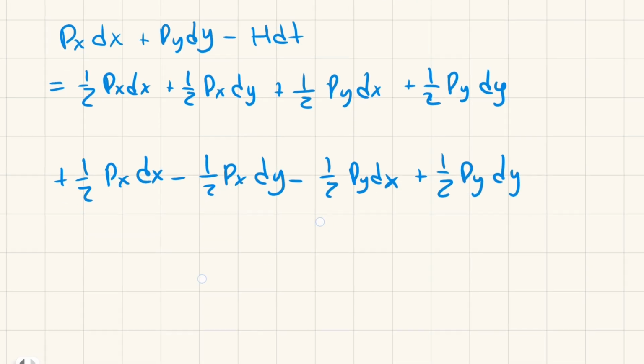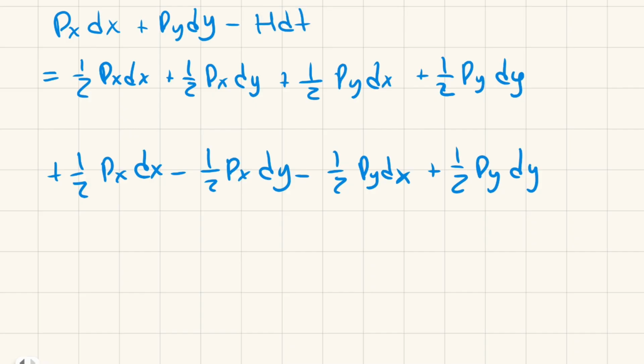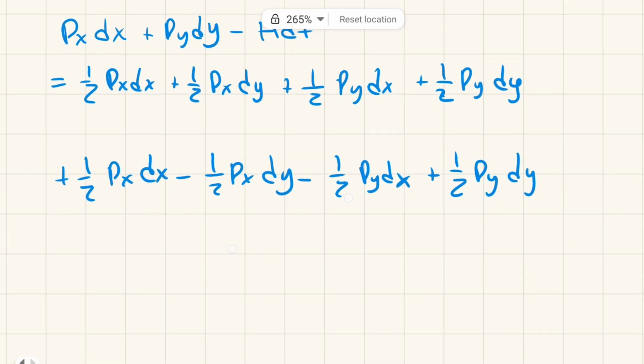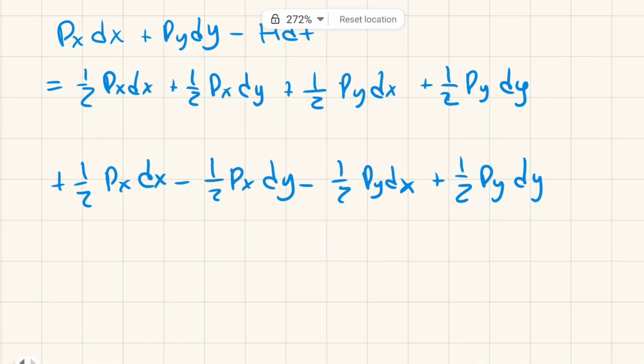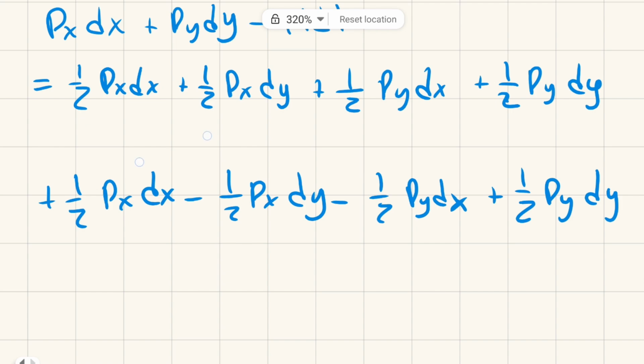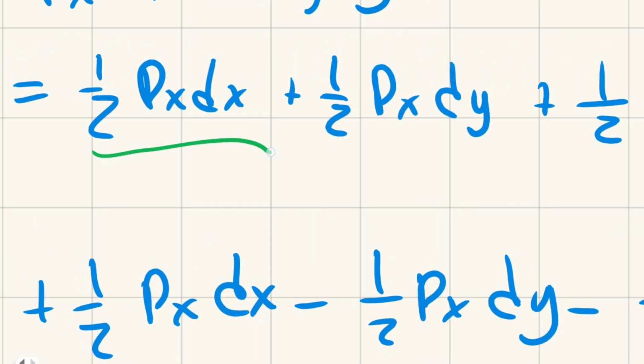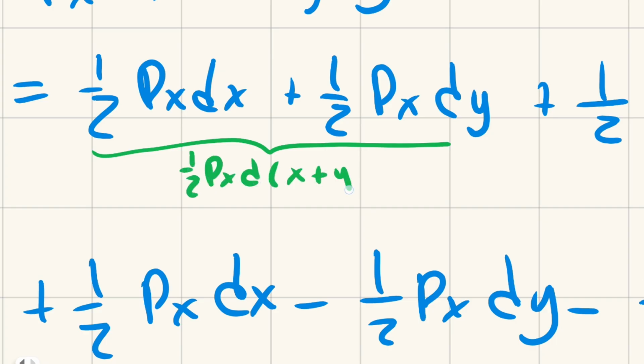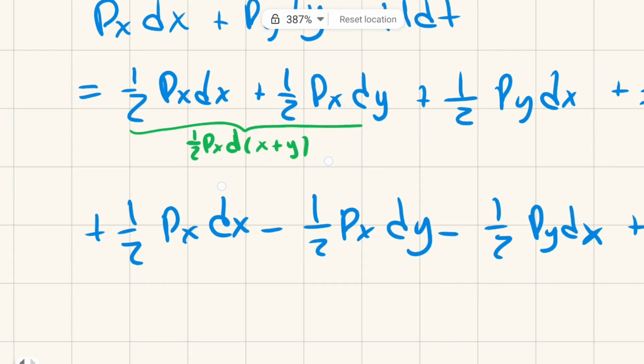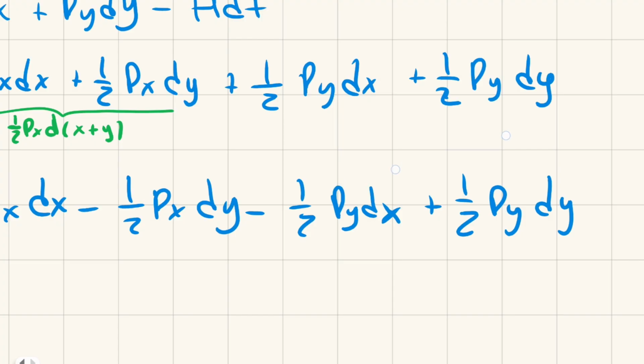And why do I write this expression in this way? Because we can see that, for example, from here, this element can be seen as 1/2 px of dx plus dy, right? You're about to understand why when I give you the solution.